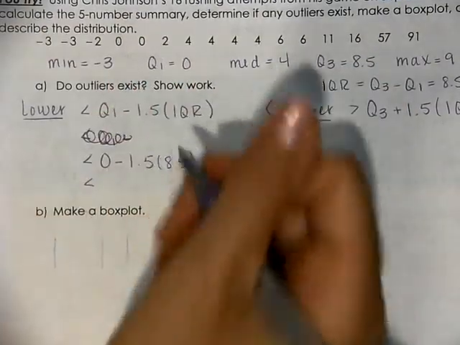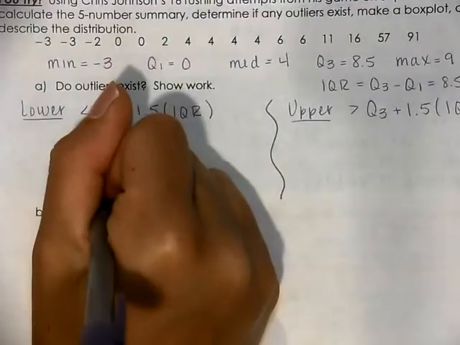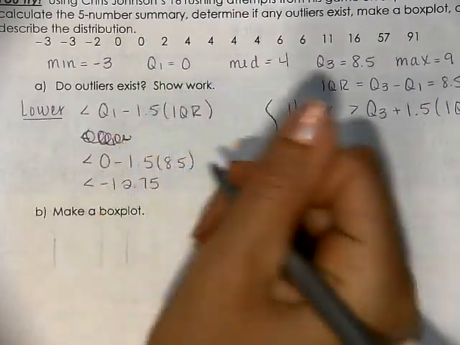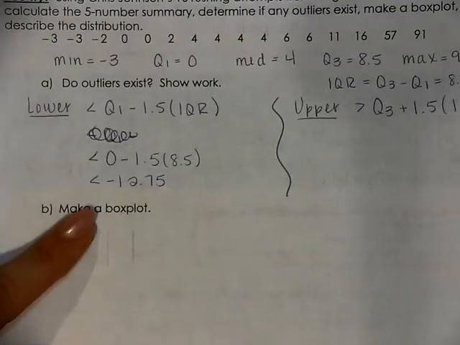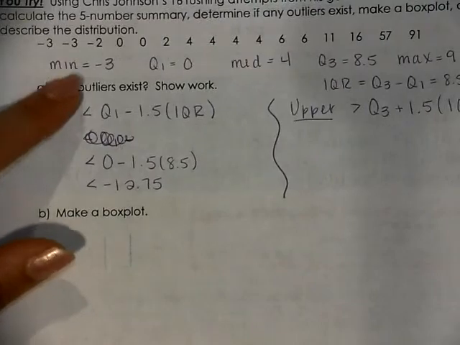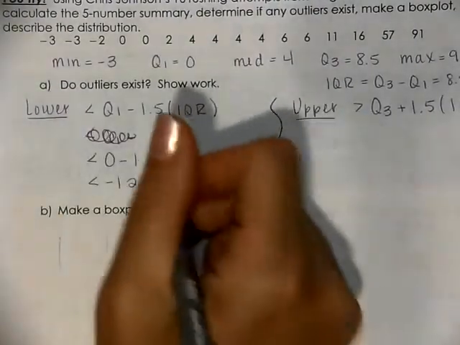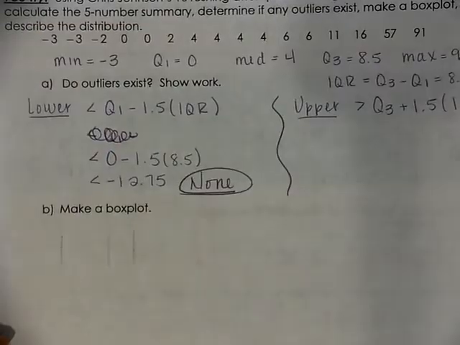So numbers would need to be less than whatever 0 minus 1.5 times 8.5 is. So outliers would need to be less than negative 12.75. Well, let's take a look. Negative 12.75, well, my minimum is negative 3. So are there any numbers less than negative 12.75? Nope. So there's no outliers in the lower direction.